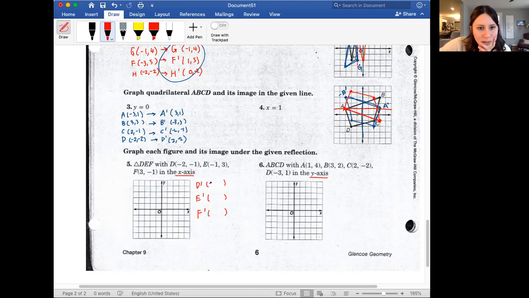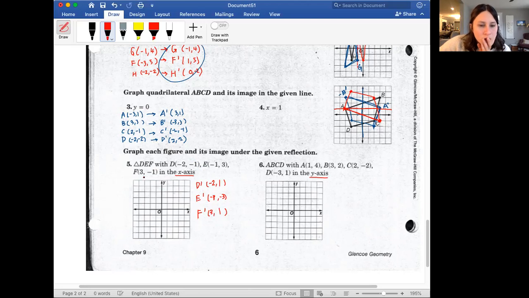So this would become -2, 1, where because this is negative already, it becomes the opposite. This would become -1, -3, and this would become 3, +1.